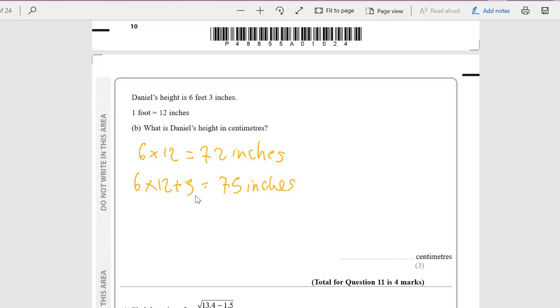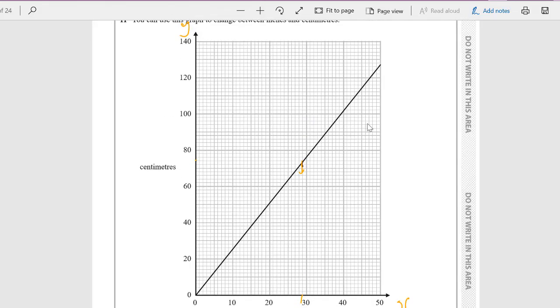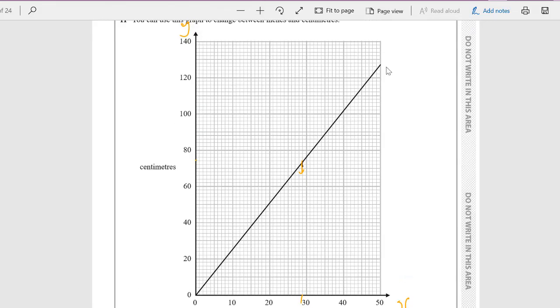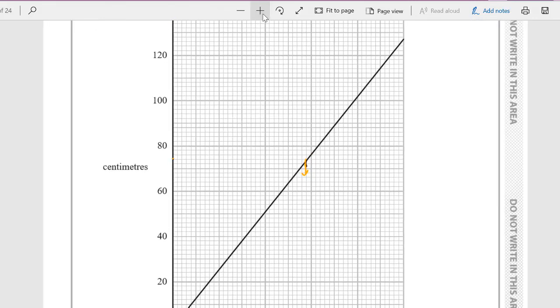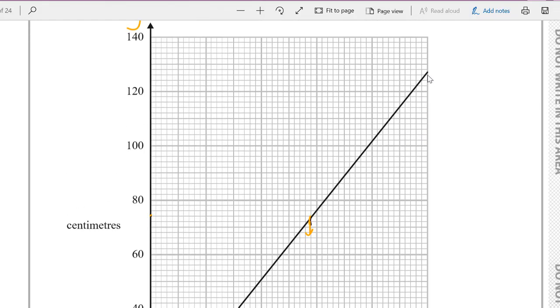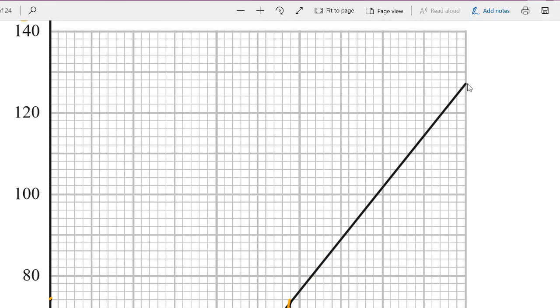And then going back to our graph up here, so 50 inches, so here are the inches, follow all the way up. Let's just zoom in, so you can see that in this case the line is actually halfway through the square.